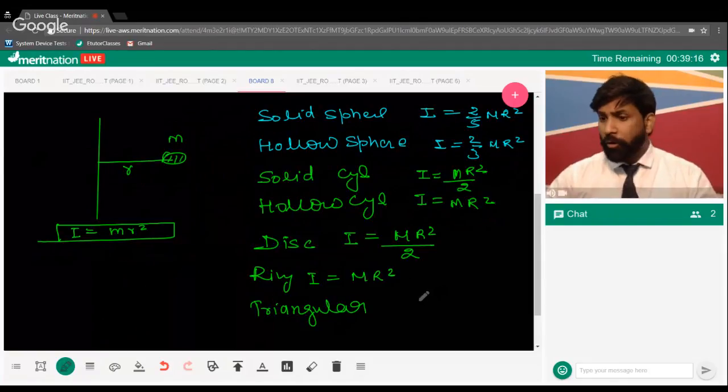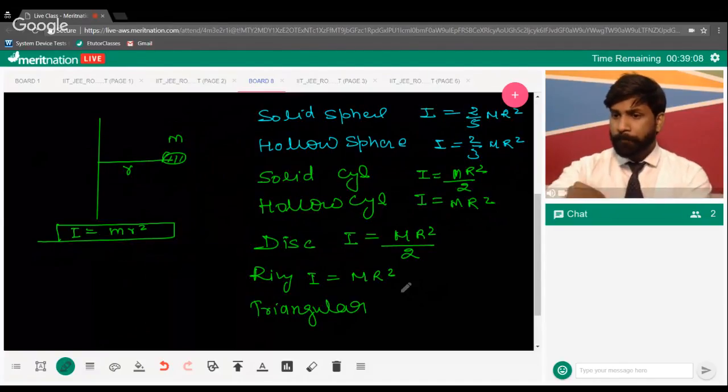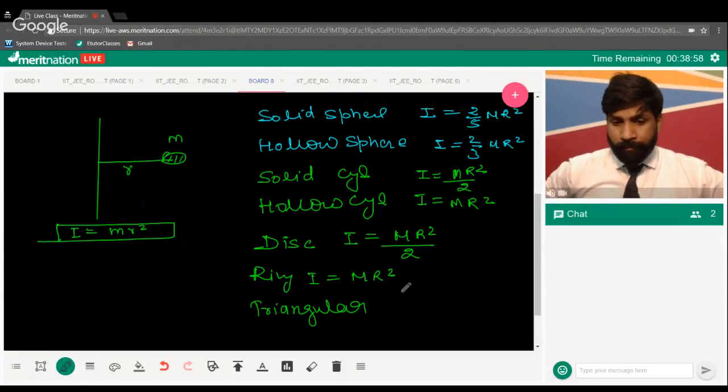And what about the triangular plate? Is there anyone who can tell me the moment of inertia of a triangular plate about its base? I'm talking about the base. Okay, don't worry.